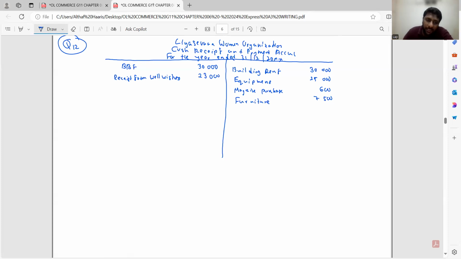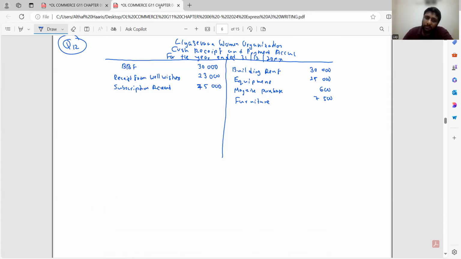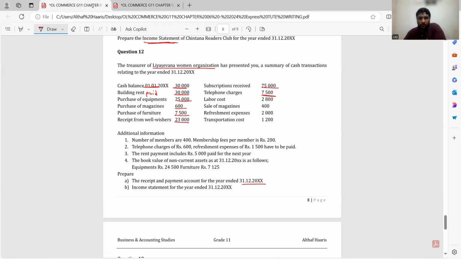Income, it's a cash inflow. Cash inflow. Telephone charges is a cash outflow, 7,500. Labor cost, cash outflow, 2,800.